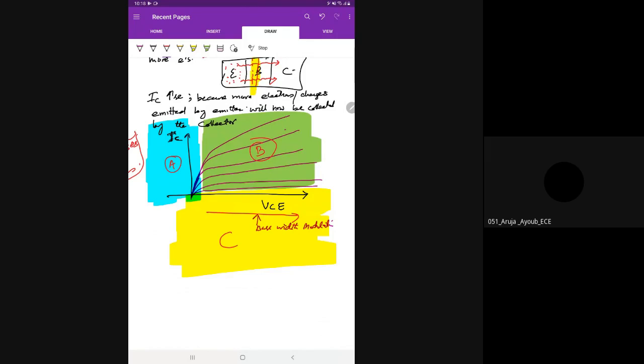Okay. So in VI characteristics, especially output characteristics, there are three regions. What are these three regions? Region A, region B, and region C. Now see, region A is known as the saturation region.